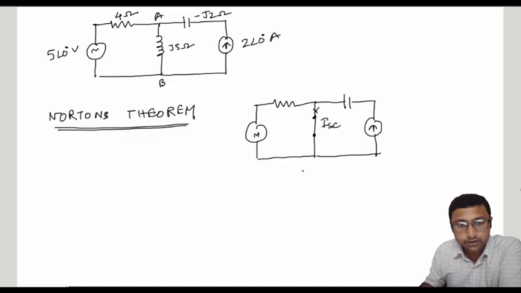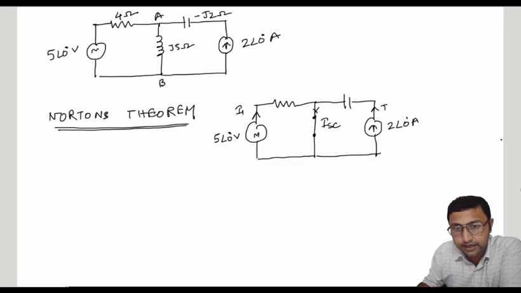Now to find the short circuit current, suppose this is the voltage source 5 at an angle 0 degree volt. From this voltage source one current is flowing, suppose this is I1, and from the current source 2 at an angle 0 degree, suppose this current is I2.